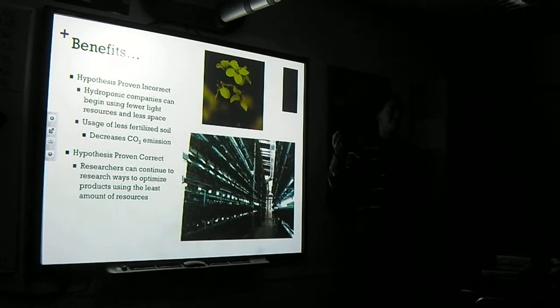So what are the benefits of my experiment? Why is it important to know how environmental conditions affect gibberellin protein? If my hypothesis is proven incorrect, meaning that environmental effects have no effect on gibberellin, hydroponic growth companies, which grow plants in rooms with no soil, can use fewer light resources and therefore decrease energy usage.